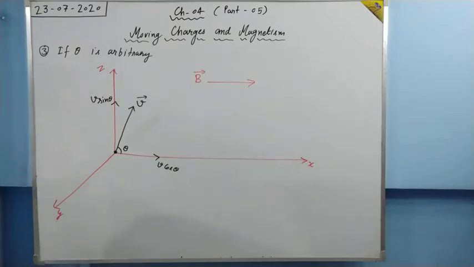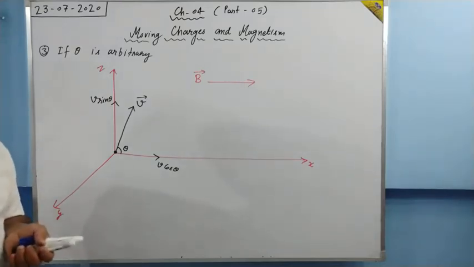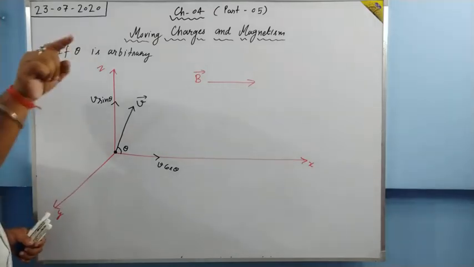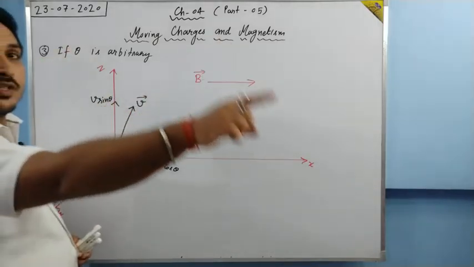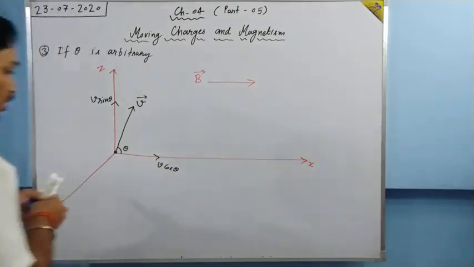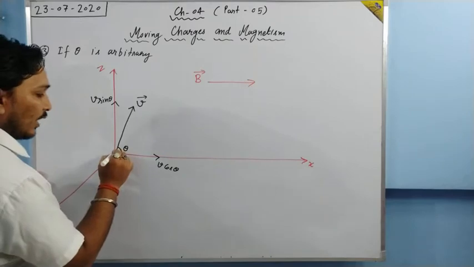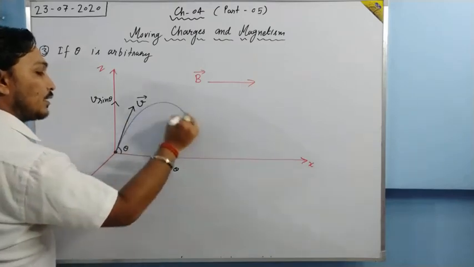So basically the charge will describe a circle and also move along the magnetic field. Then how will the charge move? It will move in a circle and also move along the magnetic field. The motion of the charge in this case, just try to understand, will be like this.